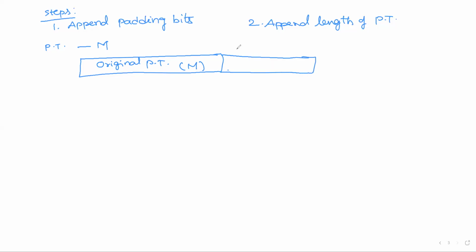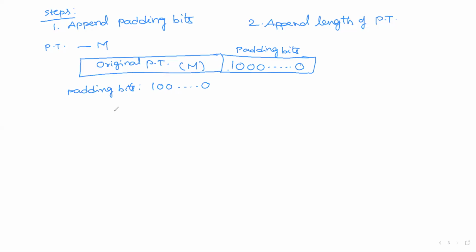What are these padding bits? They are nothing but a 1 followed by some set of zeros. How many padding bits do we need to append to the original plain text?